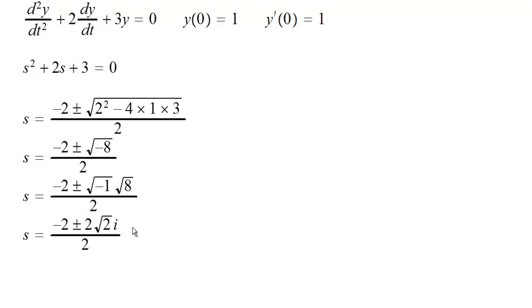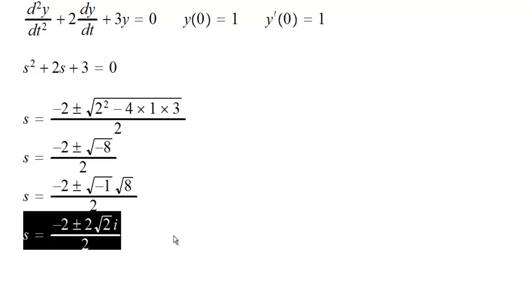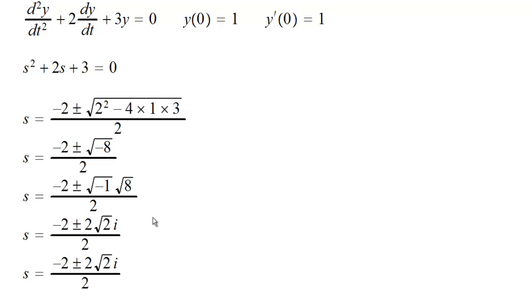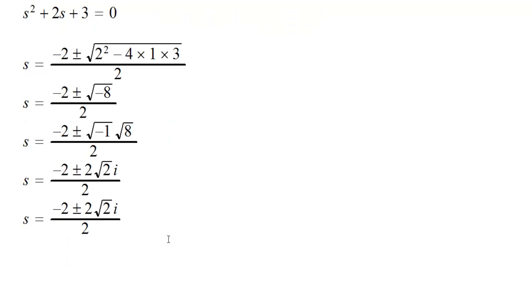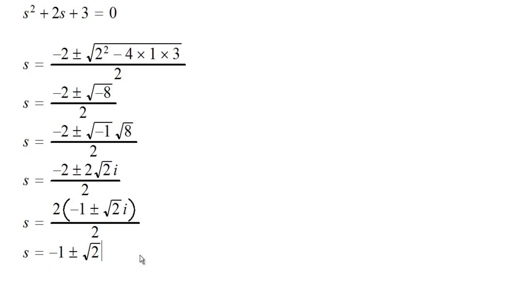Then we can factor a 2 out upstairs. And when we factor a 2 out, what do we get? Negative 1 plus minus the square root of 2 times i. And then the 2's will cancel, and we simply have negative 1 plus minus square root of 2 i.